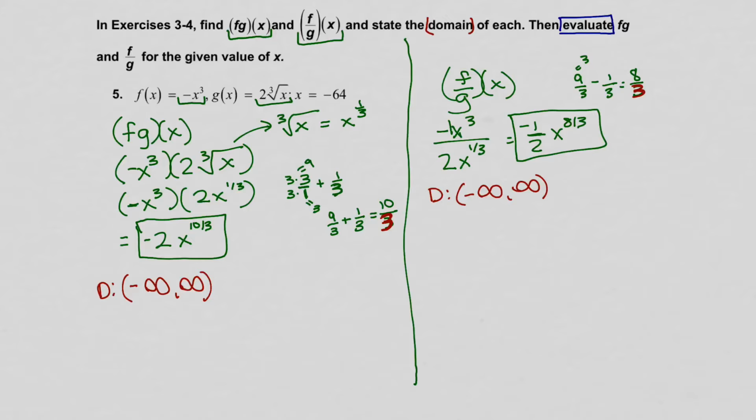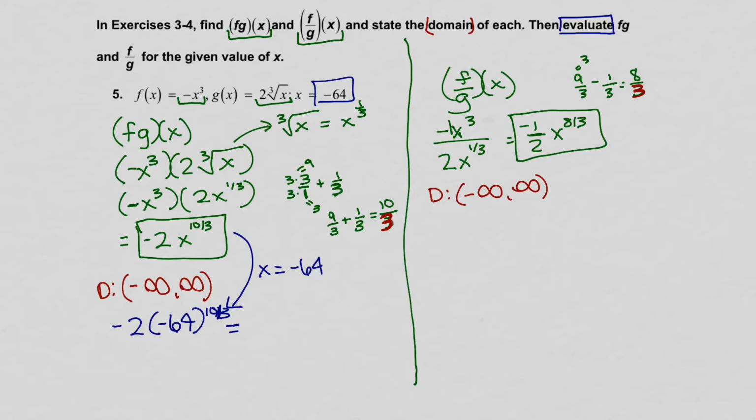And finally, we're going to evaluate. We're going to take what we just found, and evaluate it where x is negative 64, because that's the value it tells us it wants us to use. So we've got negative 2 times negative 64 to the 10 thirds power. You can do this in your head, and you would get the right answer, I'm sure, but there's no reason for us not to use the technology at hand.